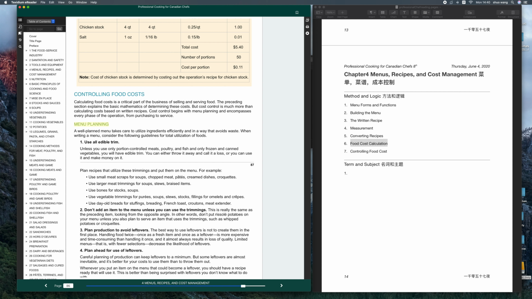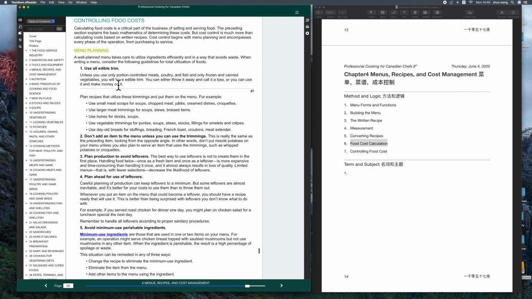The preceding section explains the basic mathematics of determining these costs, but cost control is much more than calculating costs based on written recipes. Cost control begins with menu planning and encompasses every phase of the operation, from purchasing to service.